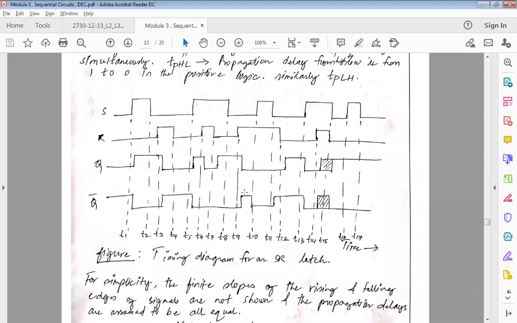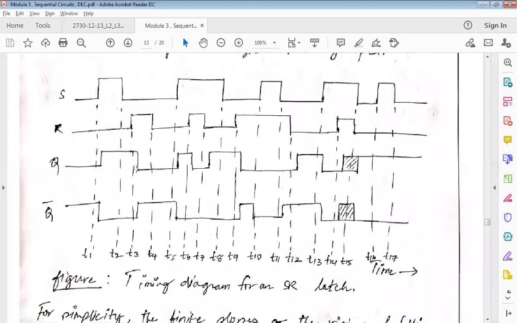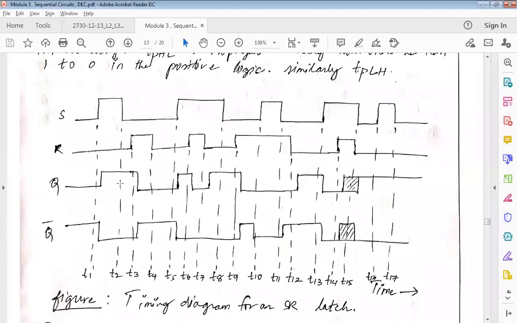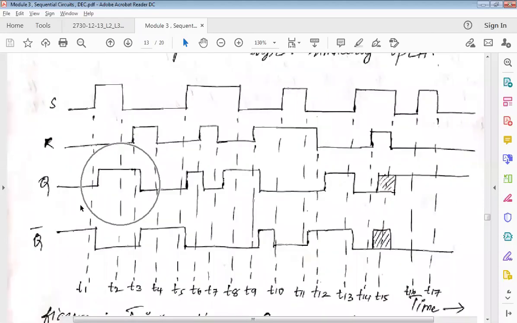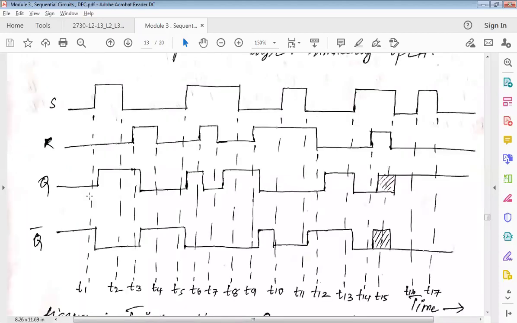These are pulses of S, and those dotted lines are drawn. You can see that there is a small delay here, right? So that is nothing but your propagation delay.